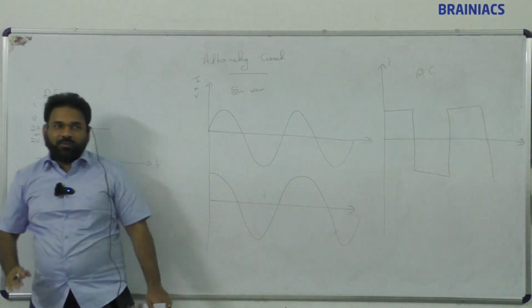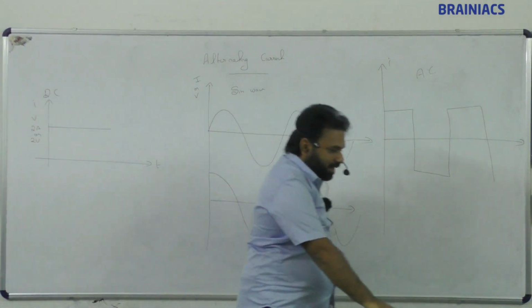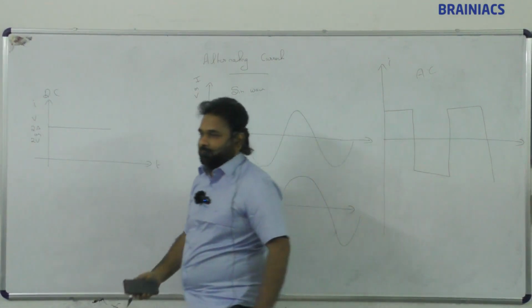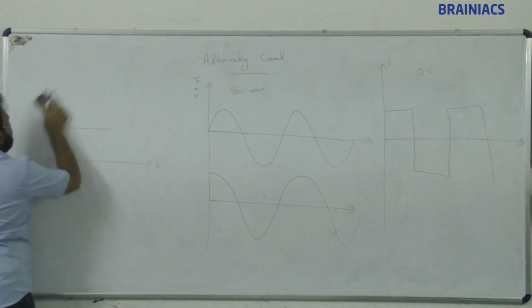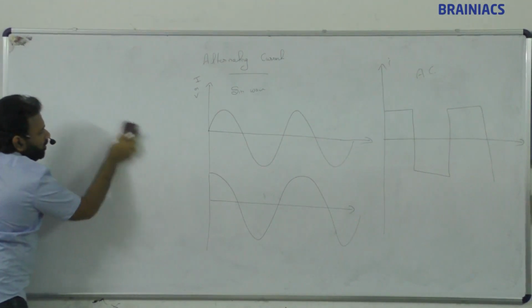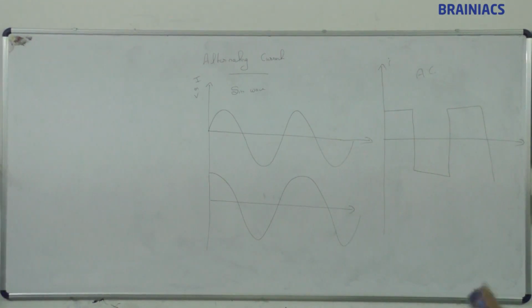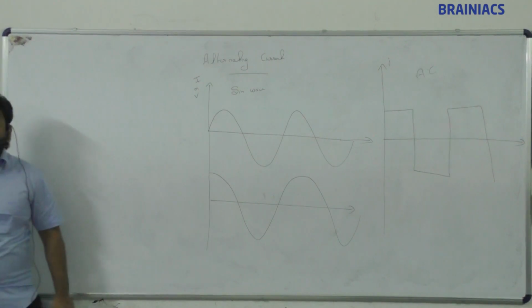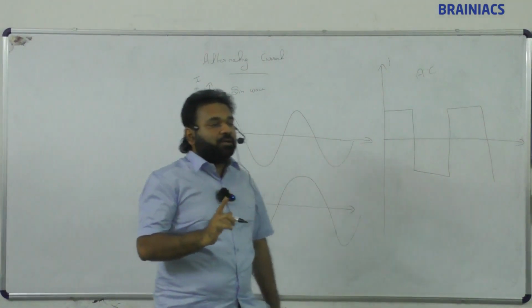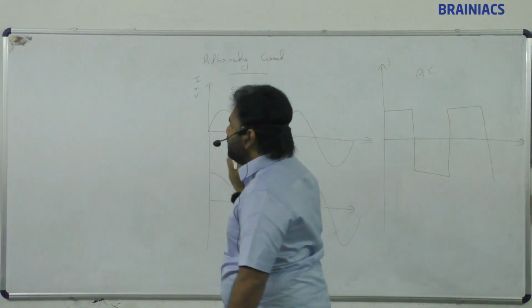Any wave which changes its direction without changing the amplitude is AC. Amplitude means what?